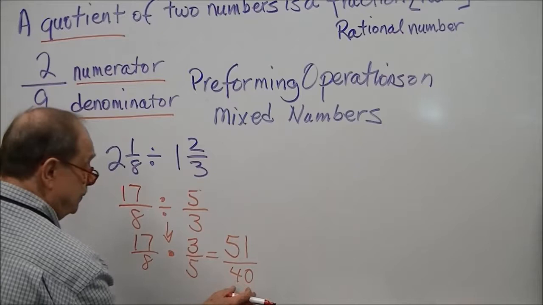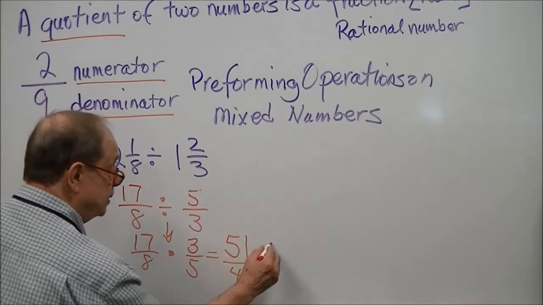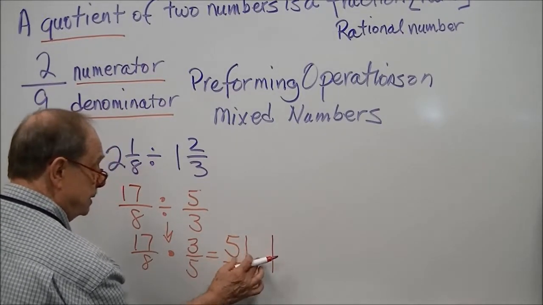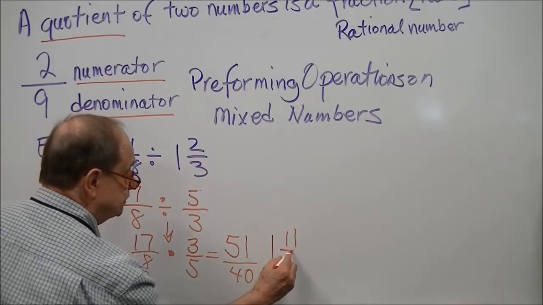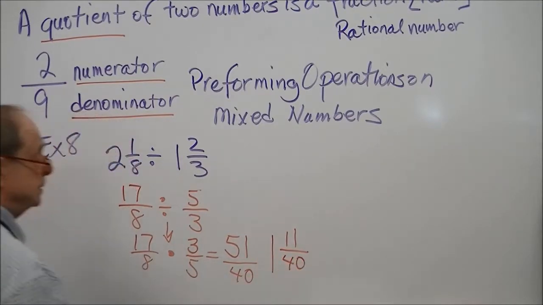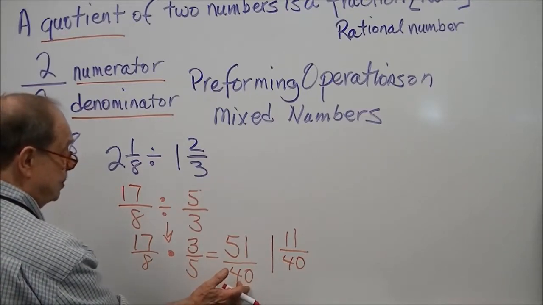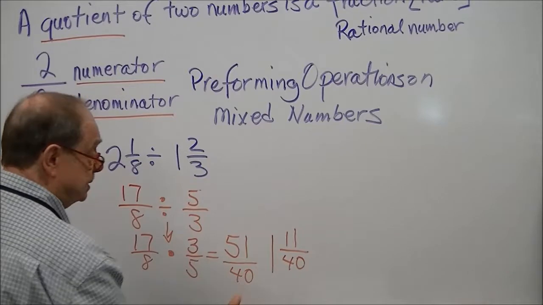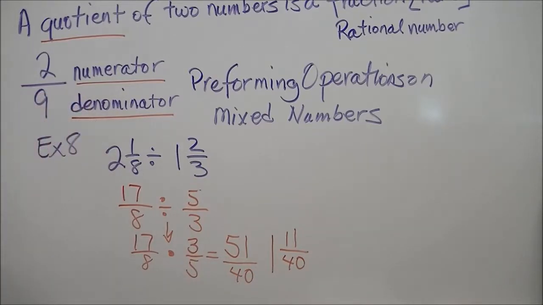So then we divide the 40 into the 51, and it goes once, and there's 11 left over. So that would be our final answer. On most tests, they'll say leave it as an improper fraction or a mixed number, and they'll tell you what they want, and then that'll determine how far you have to go.